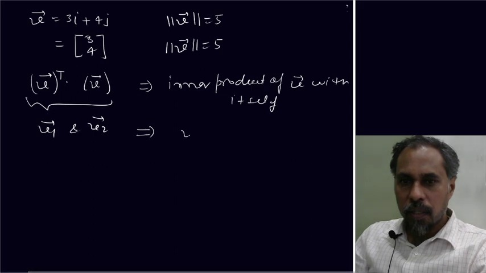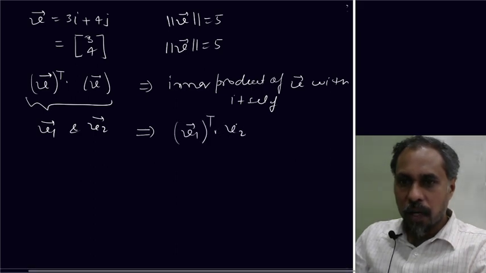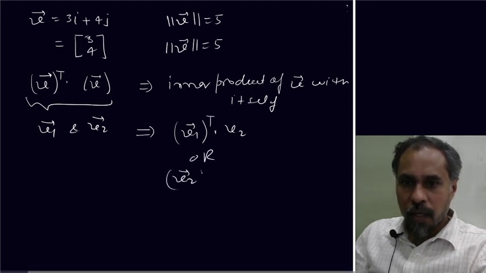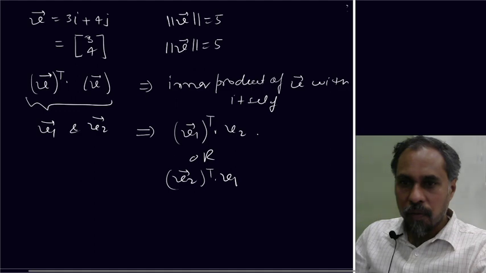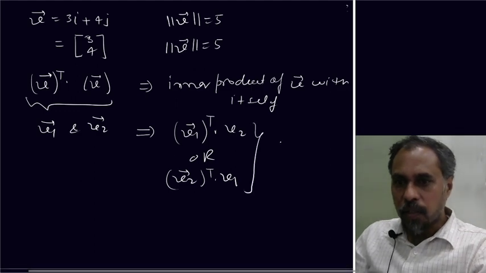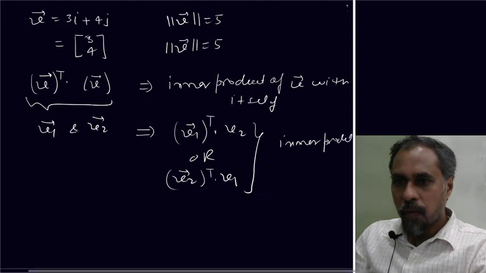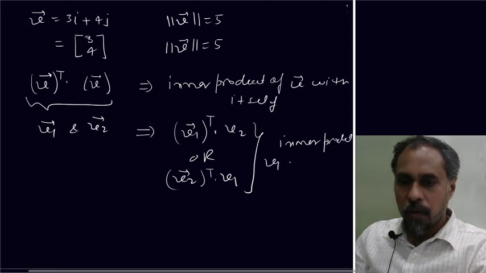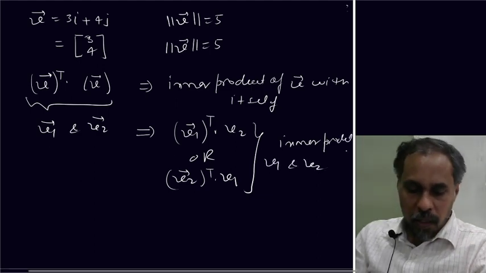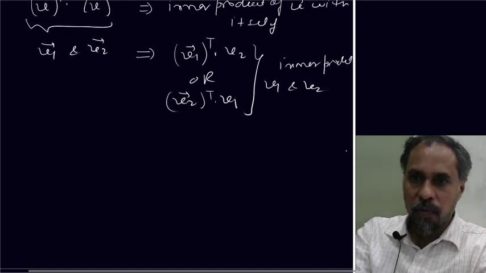You can take any vector and make its transpose multiplied by v2, or for v2 you can take its transpose multiplied by v1. These expressions give the inner product of v1 and v2.